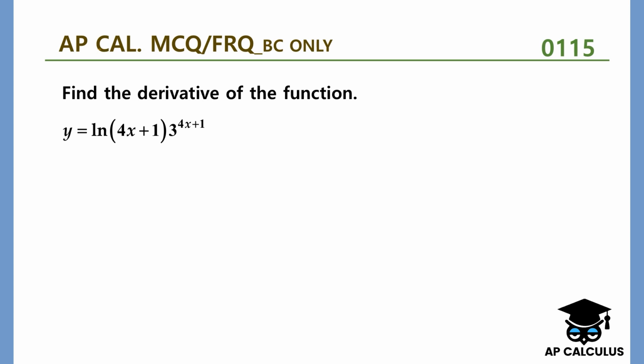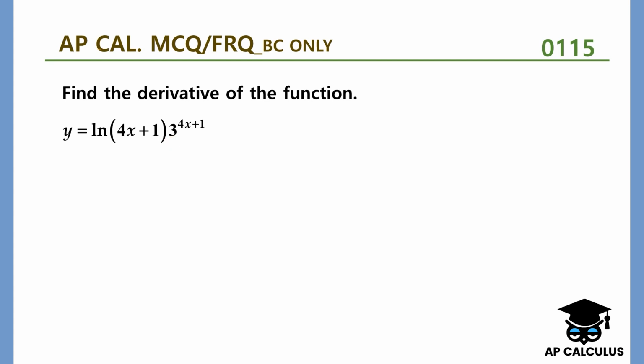Question 115. We have the function natural log of 4x plus 1 times 3 to the 4x plus 1. So a log function times an exponential function. So basically we have to apply the product rule, right? And if we look at this exponential function, this is a function with base 3, not e.